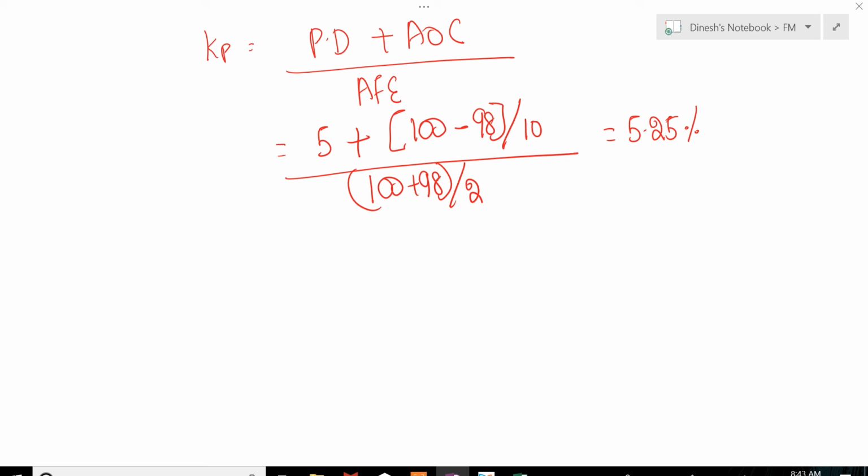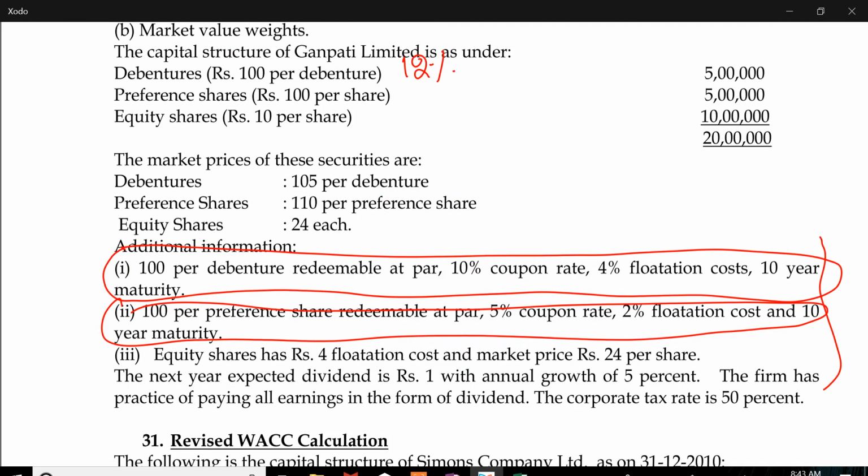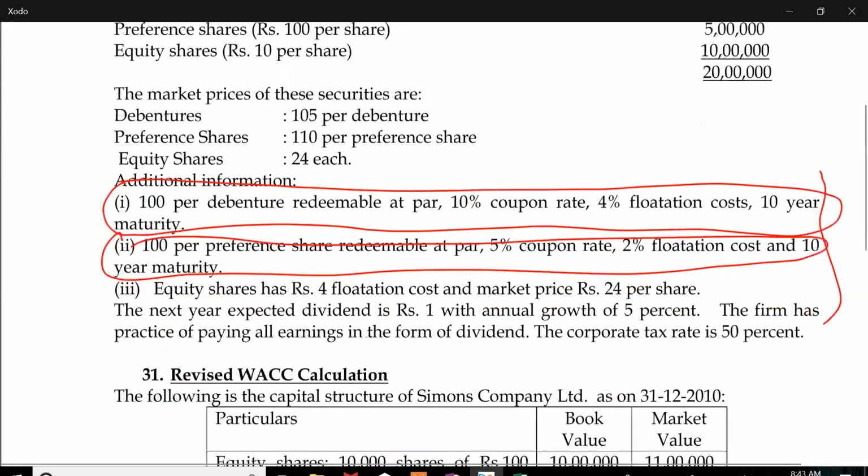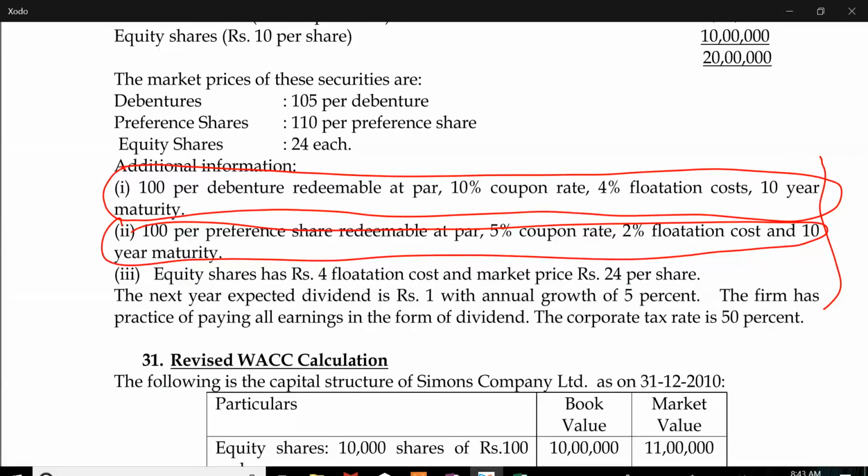For preference and debenture, the question is whether it's redeemable or irredeemable. For equity, the question is whether it is paying dividend or not paying dividend. Accordingly, the formula will change. Coming to cost of equity, is the company paying dividend? Paying dividend, and the next expected dividend is 1 with an annual growth of 5%. So it's a constantly growing dividend. What is the formula?